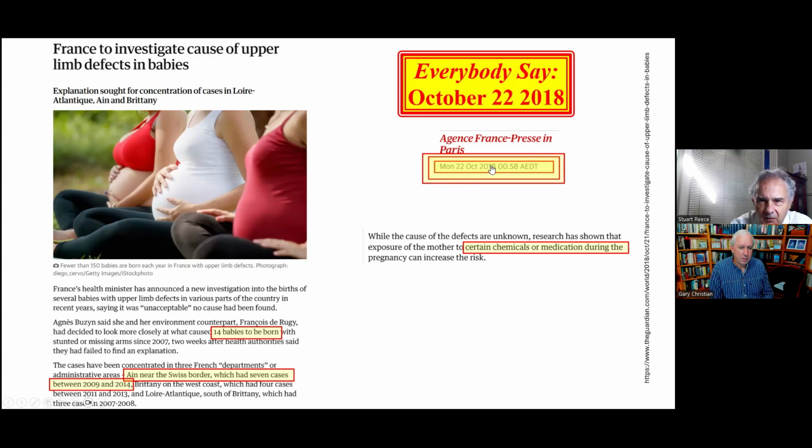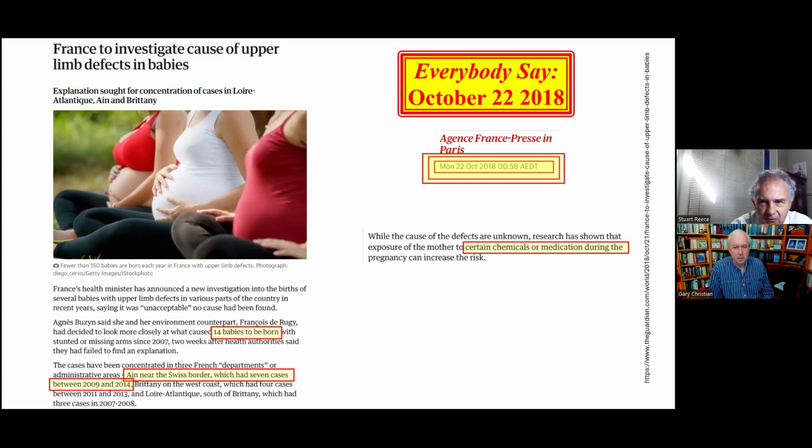On the 22nd of October 2018, they mentioned here 14 babies were born in Ain and also in Brittany in the Normandy area, which put the rate of these birth defects 60 times above the background rate of what they were normally in France.